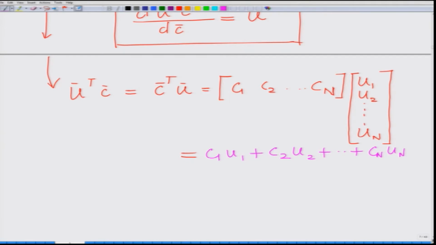In fact, these are both scalar quantities, so they are equal to the transpose of each other, and C bar transpose u bar is basically nothing but the transpose of u bar transpose C bar.